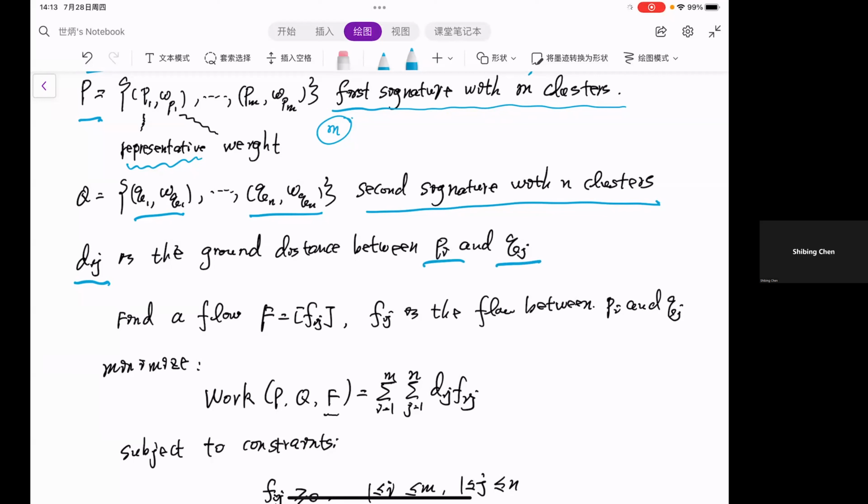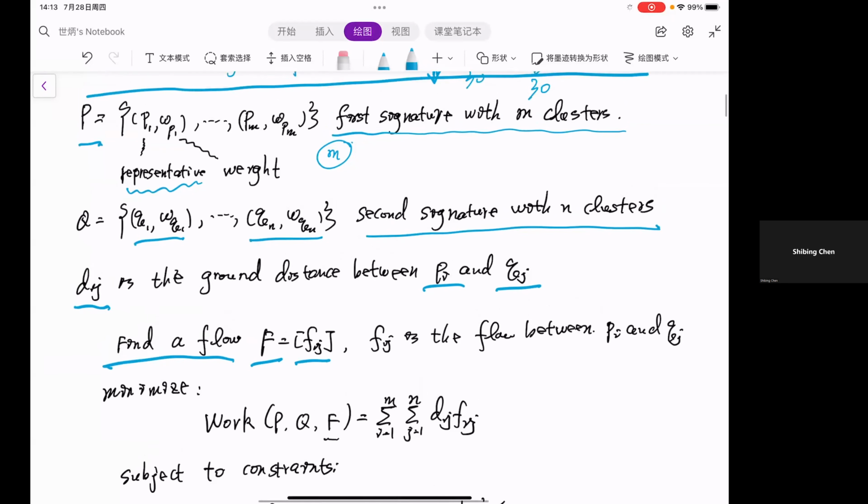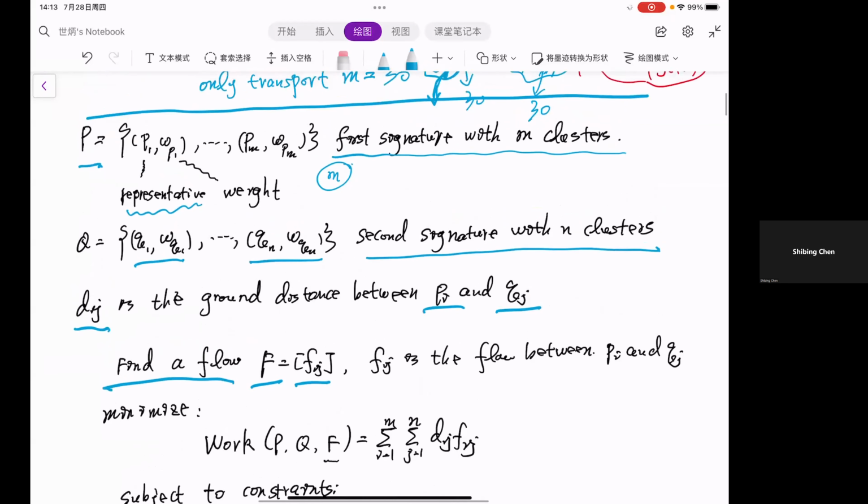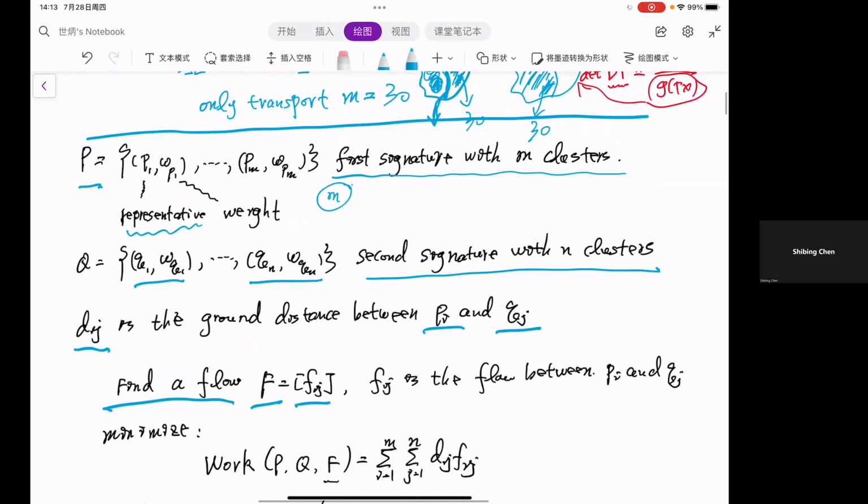And then we want to find a flow Fij, you can think of it as a mass transport plan. But this discrete case is slightly different from the case I formulated for the classical optimal transport problem.